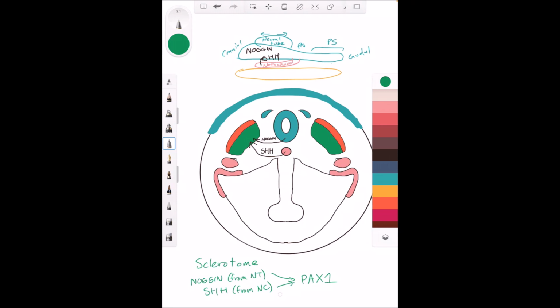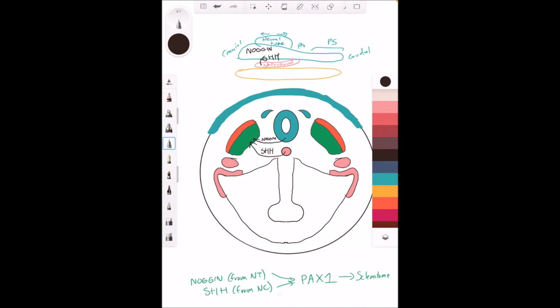And then let's also look at another side, right? How does the orange side know to be orange, and what does that mean? Well, the orange side is going to get different proteins. We're going to have Wnt. There are going to be two different Wnt proteins coming from the dorsal neural tube.